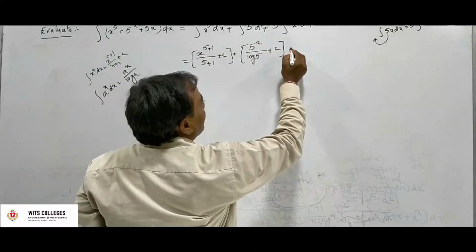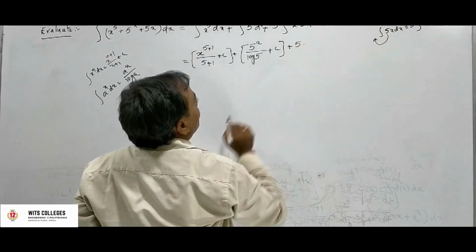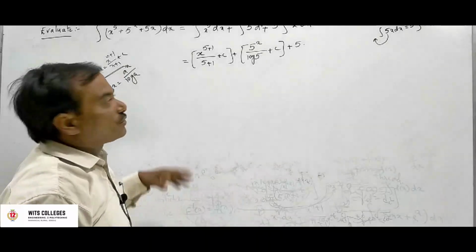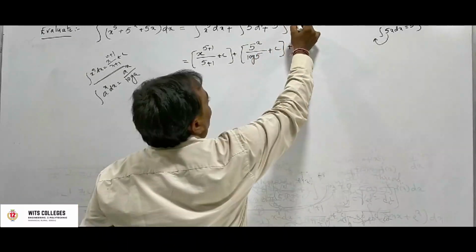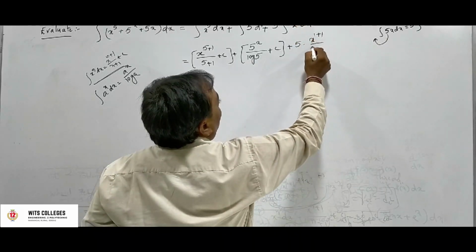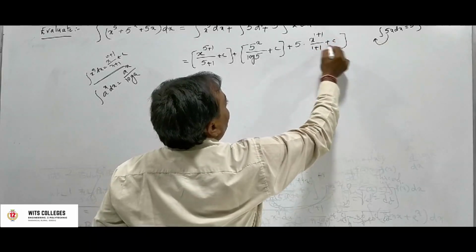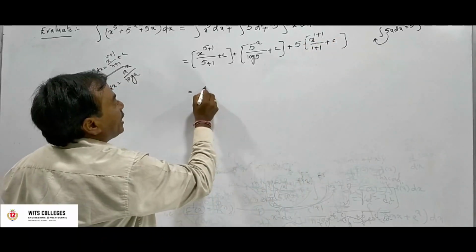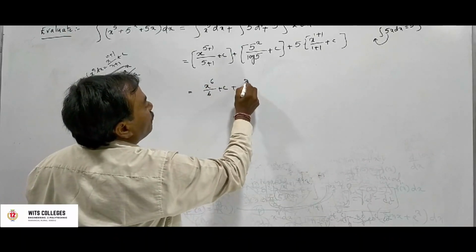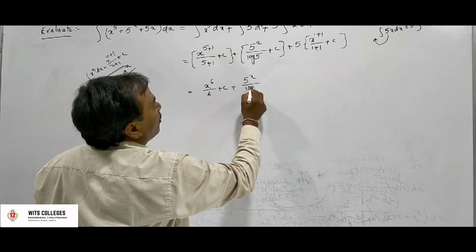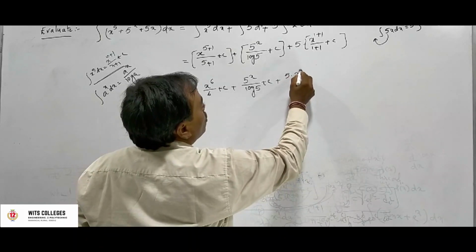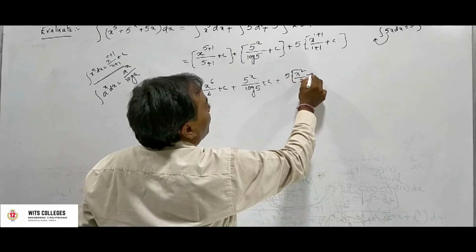Coming to the third integral, this is also in the form of this formula, where n equal to 1. So it becomes 5 into x to the power of 1 plus 1 by 1 plus 1 plus c, which is 5 into x square by 2 plus c.